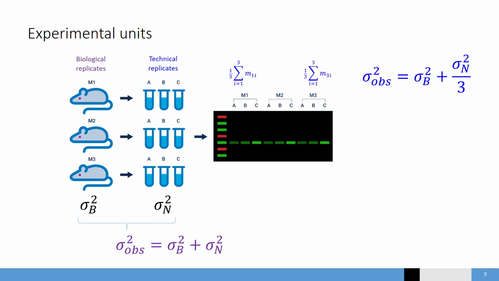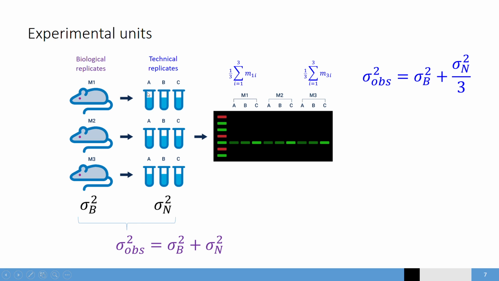And so this is the situation. Let's say that we have treatments that can be applied to different animals. For instance, we injected the treatment, and then from each one of the animals we can extract 3 aliquots of whatever we are measuring.